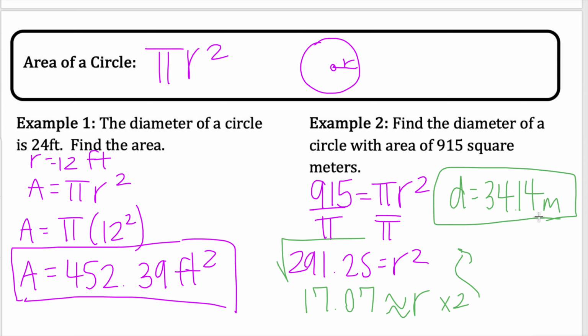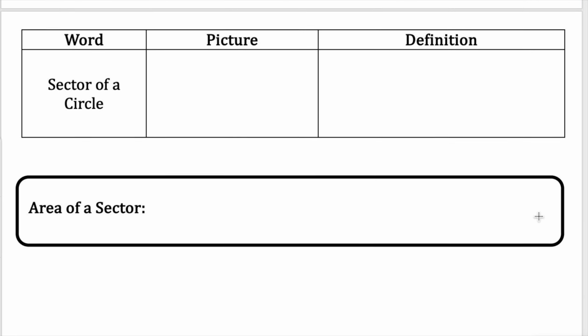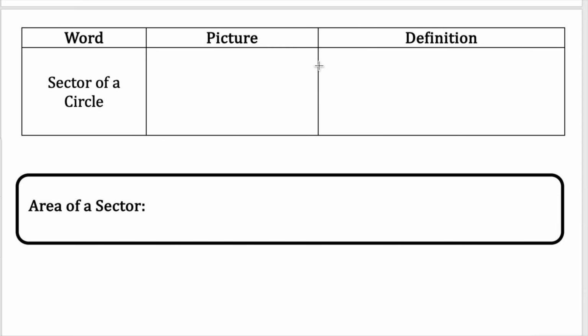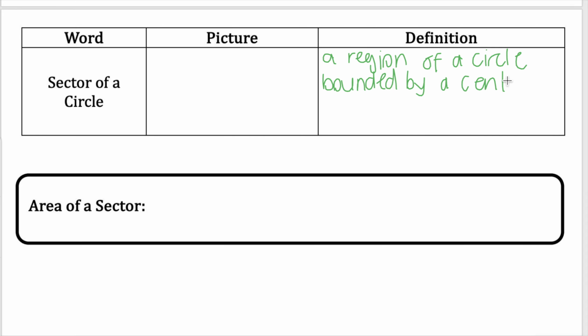Okay. The next up we're going to focus on is a sector of a circle, and that is going to be a region of a circle bounded by a central angle and its intercepted arc.